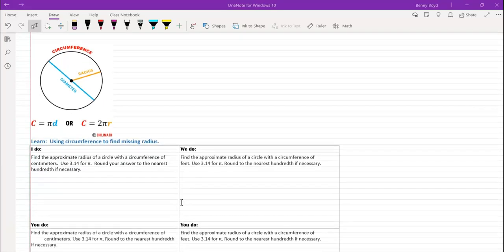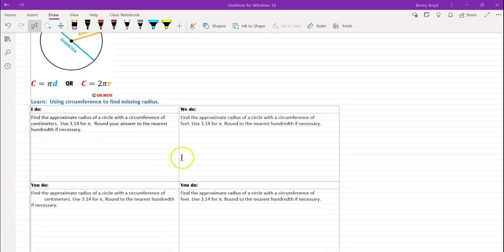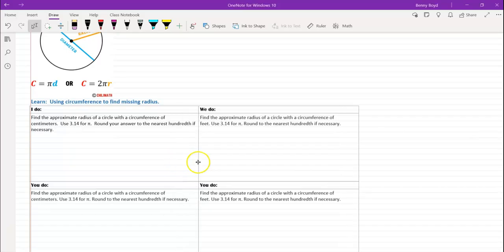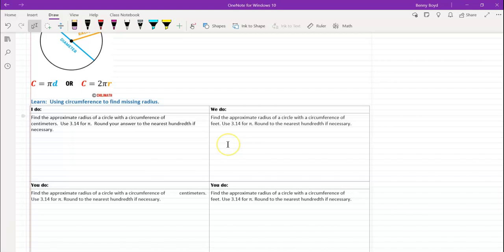All right, let's move on to the next section of our notes, where we will be finding the missing radius of a circle given the circumference.